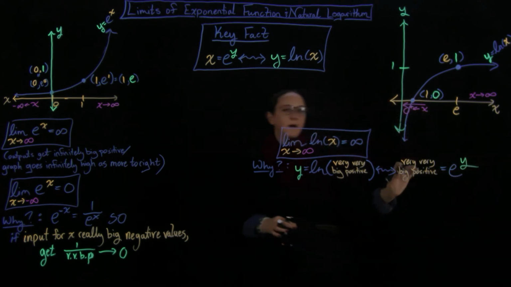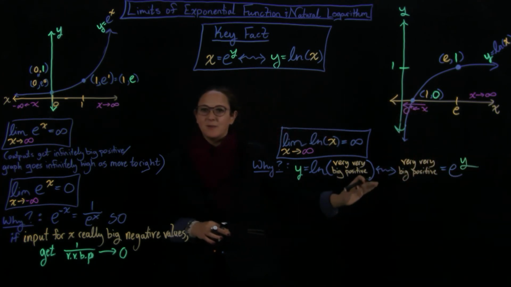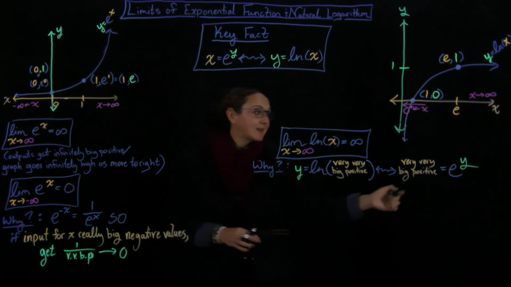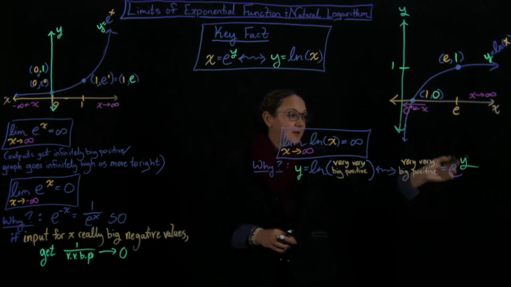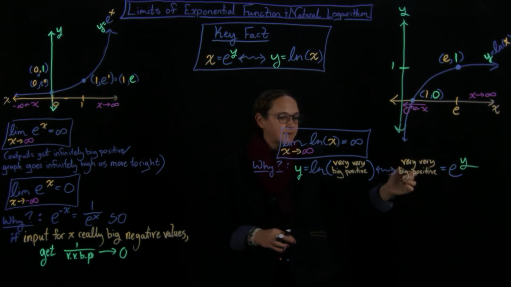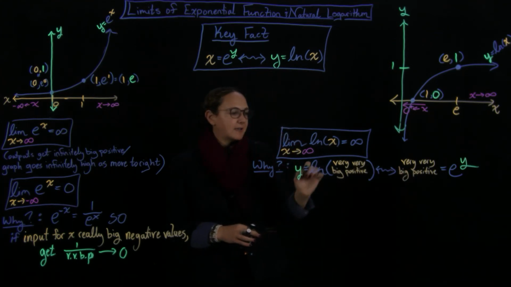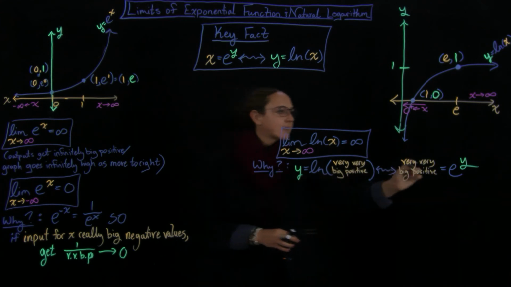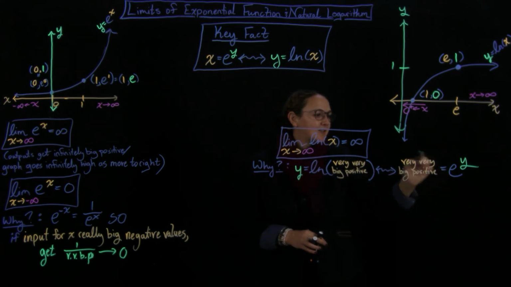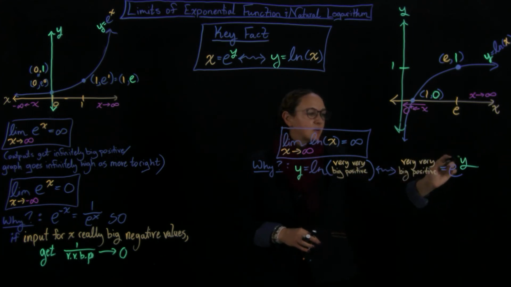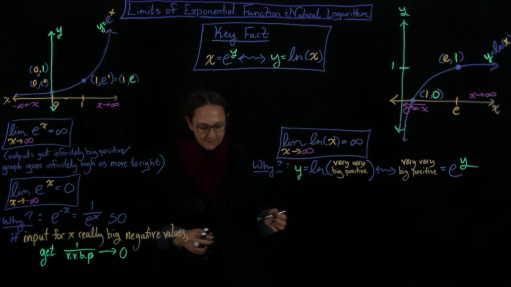Okay. Well, how do I get e to the y to be really, really big? Because I'm trying to figure out what y is in this circumstance. I know it has to get very, very big, so y has to get really, really big. That's the only way for that to happen.